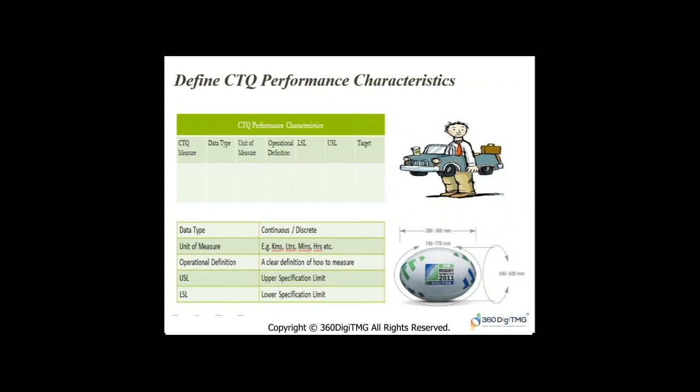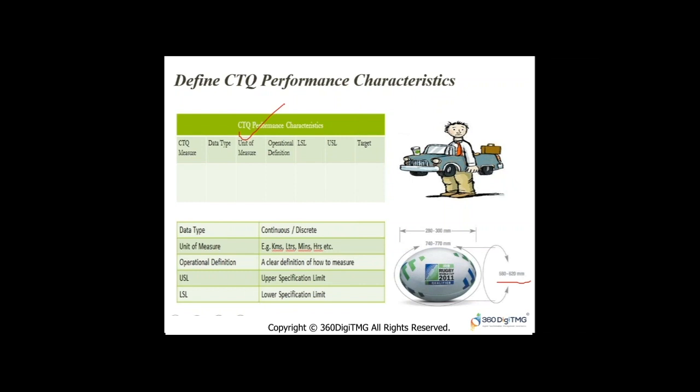Then he says it's inches. Oh, all right. If I convert inches into millimeters, 23 to 24 inches would be 580 to 620 mm. That's fine. So depending on what you're measuring and how you're measuring, things change, right? So unit of measure is also extremely important.